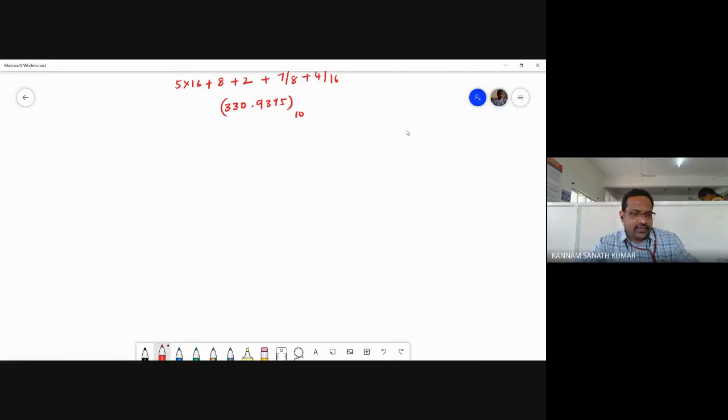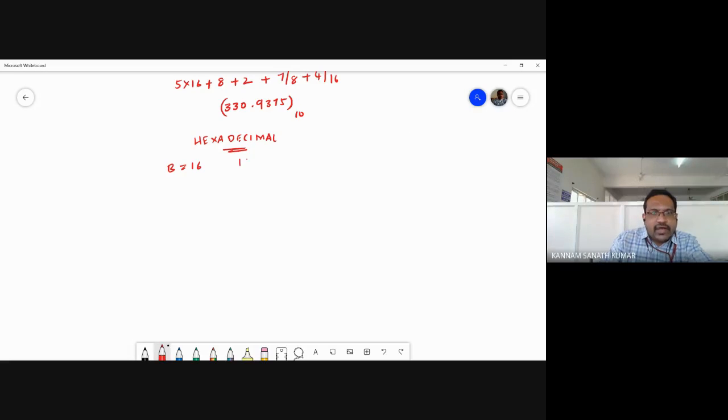And coming to the hexadecimal number, which has the base 16.